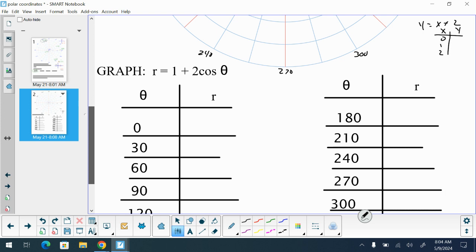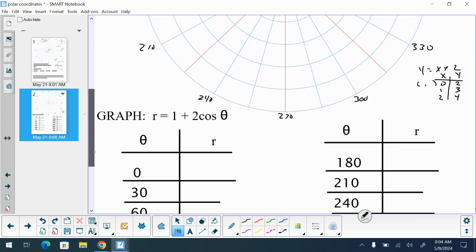We had values of x, we subbed values of x in and solved for the value of y. And then we created ordered pairs. When we graph in the polar coordinate system, we have to follow the same method. So we have r is equal to 1 plus 2 cosine theta.